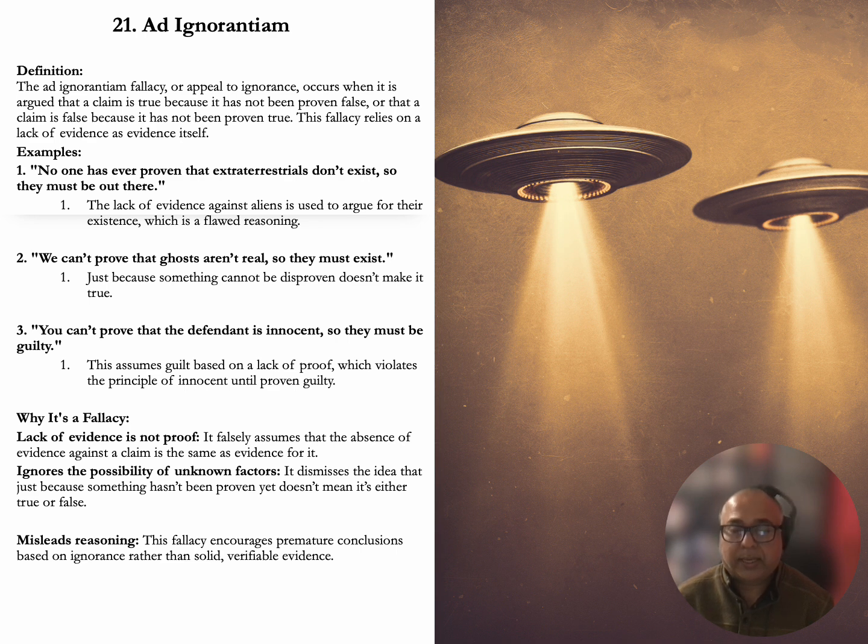Let's look at one example to understand this fallacy. No one has ever proven the extraterrestrials do not exist, so they must be out there. Now, there is a lack of evidence there. Just because you haven't experienced something, it doesn't mean it does not exist. Correct? No one has ever proven that extraterrestrials don't exist, so they must be out there.